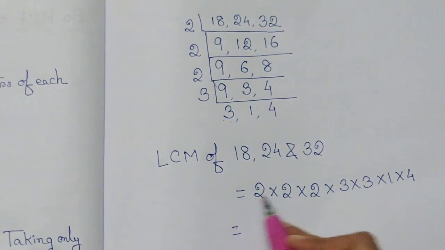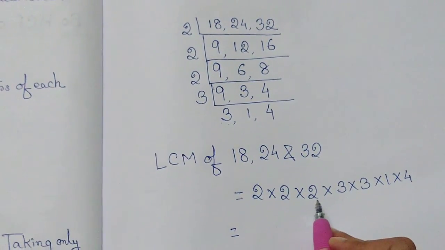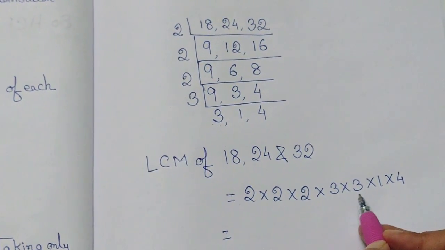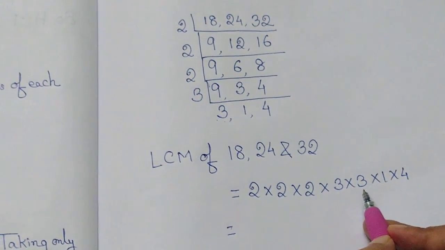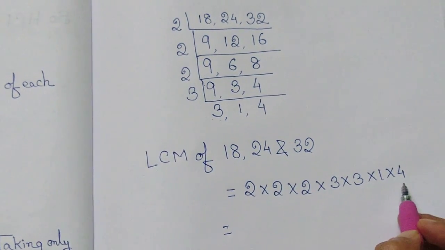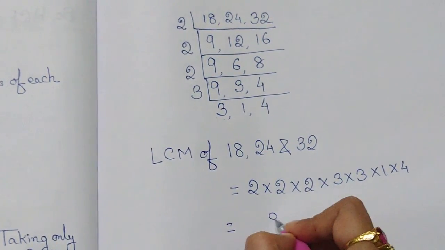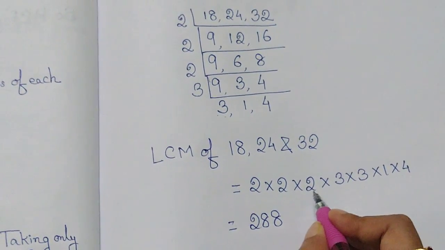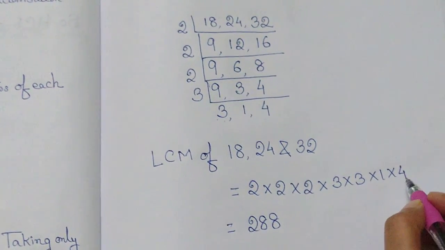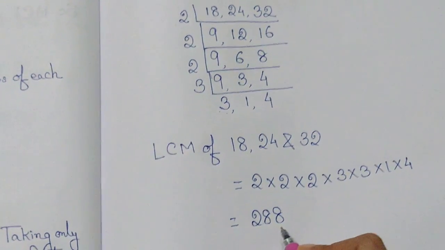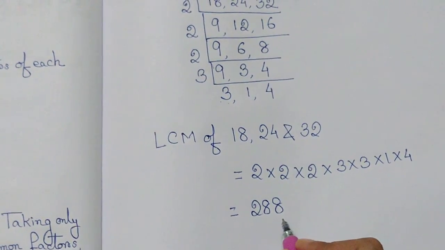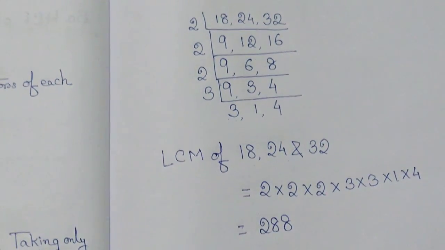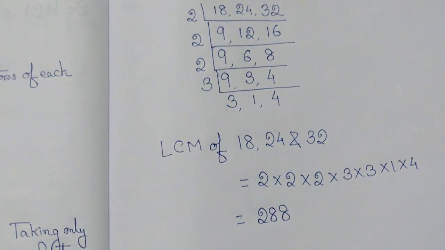So this gives me 2 2s are 4, 4 2s are 8, 8 9s are 72, 72 into 4, that is 4 2s are 8, 4 7s are 28, that is 288. So 288 is the LCM of 18, 24 and 32. This is my answer.